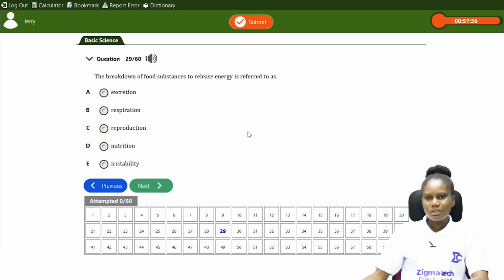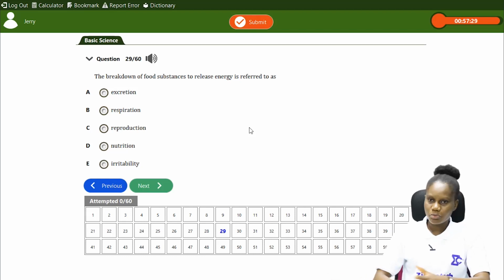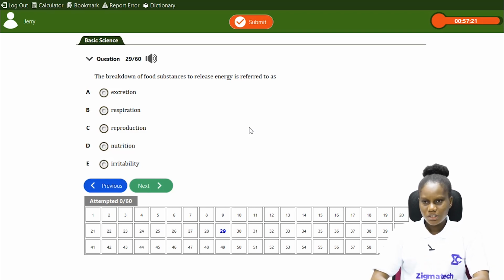Okay. The breakdown of food substance to release energy is referred to as A, excretion, B, respiration, C, reproduction, D, nutrition, and E, irritability. Excretion is not the breakdown of food substance. Is respiration the breakdown of food substance to release energy?